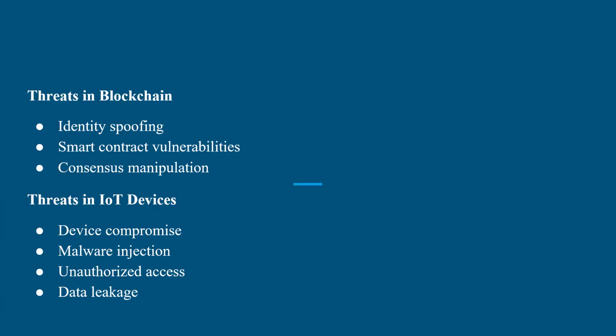Similarly, smart contract vulnerabilities and consensus manipulation can be there. Threats to IoT devices include compromise, software malware injections, and unauthorized access to the IoT devices.